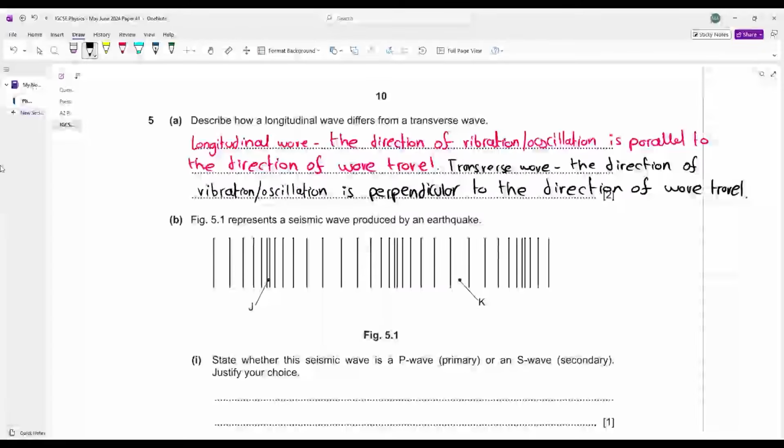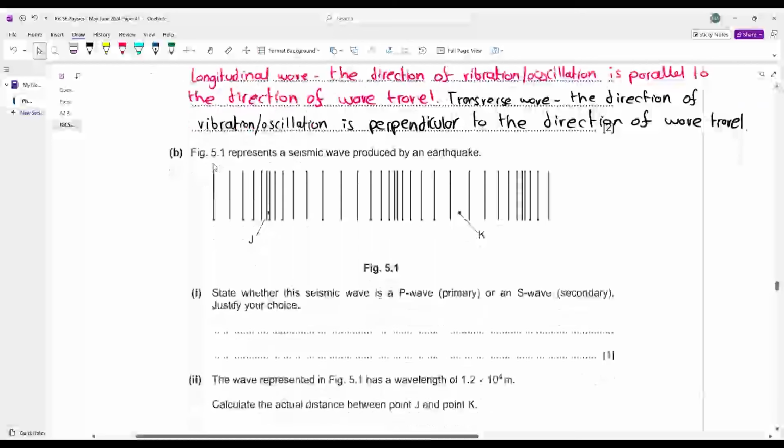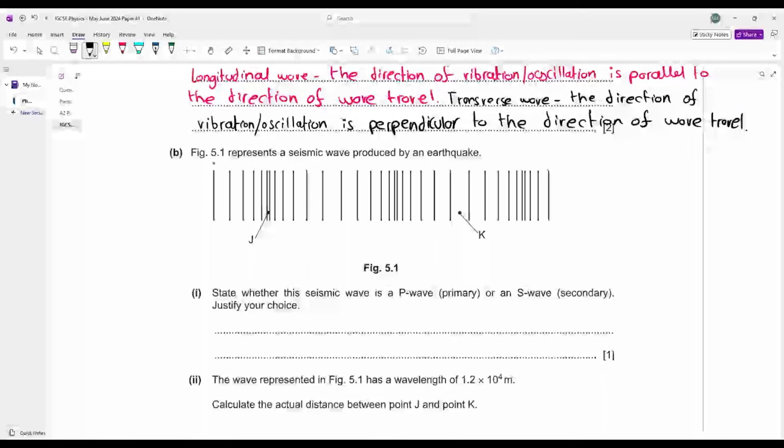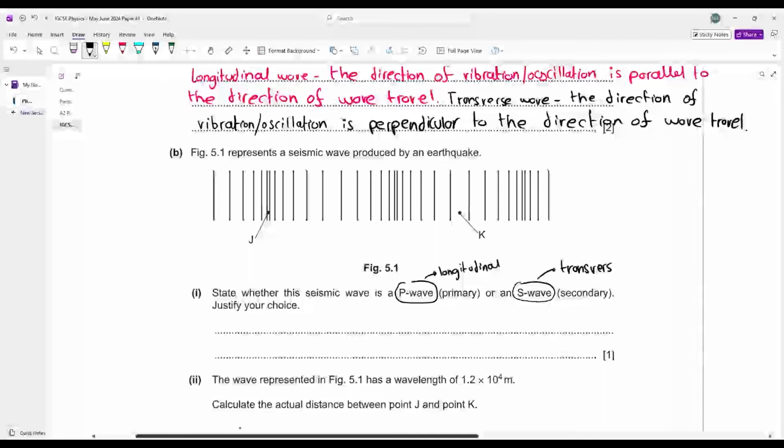Figure 5.1 represents a seismic wave produced by an earthquake. Suggest whether the seismic wave is a P wave or an S wave. बेटा अभी एक चीज अपनी कॉपीज में लिख लो. Seismic P waves are longitudinal waves. Seismic S waves are transverse waves.